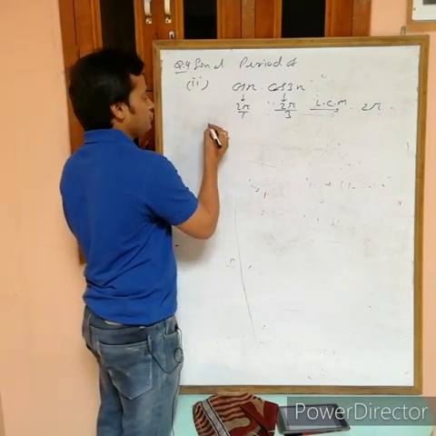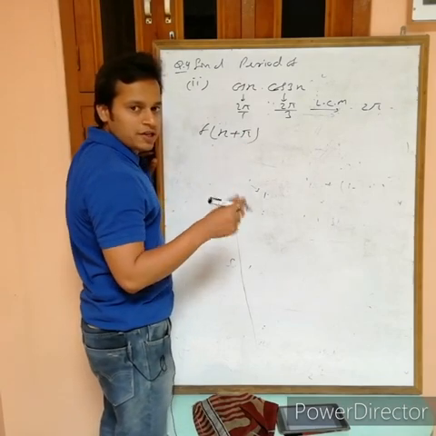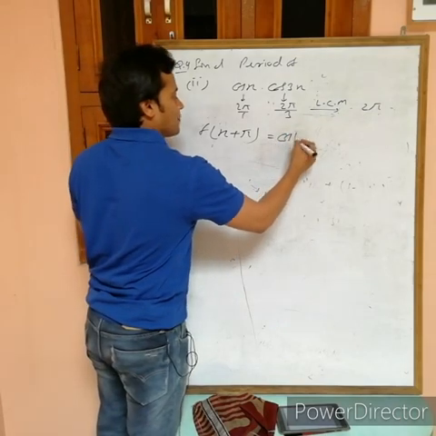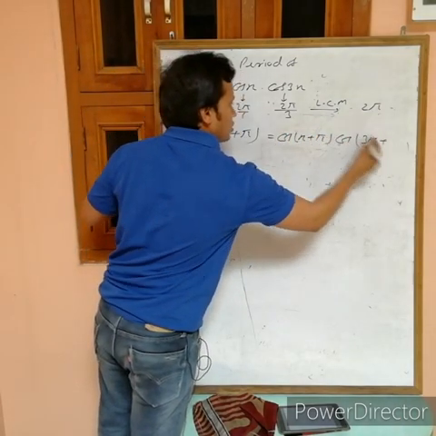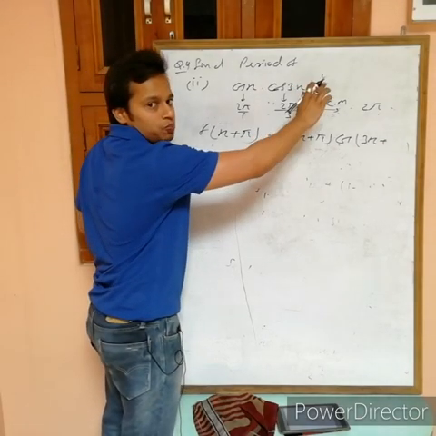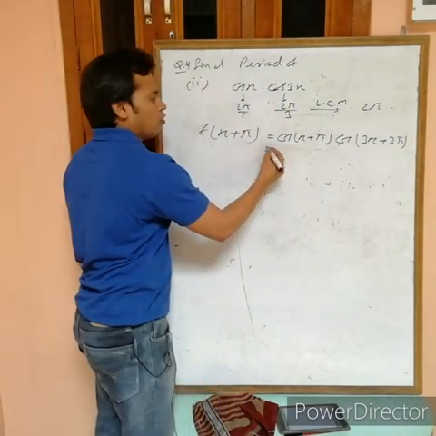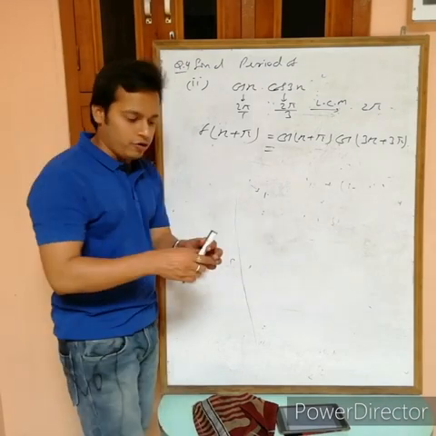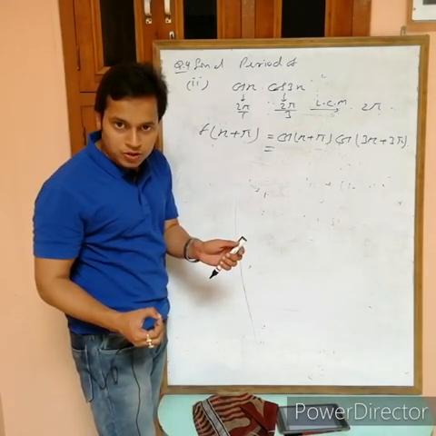So f of x plus pi. If f of x plus pi is equal to fx, then pi is the fundamental period. So cos of x plus pi into cos 3x, you are replacing x with x plus pi, so multiplying with 3, 3x plus 3 pi. Cos of pi plus theta is minus cos theta, because in the third quadrant cos will be negative.